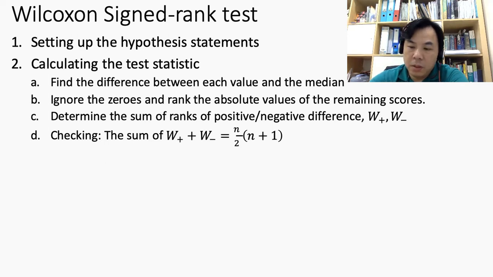For checking purposes, the sum of W plus and W minus must be equal to the summation of the arithmetic sequence, n divided by 2, n plus 1.